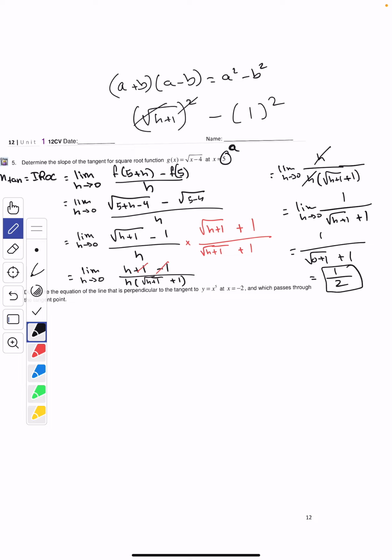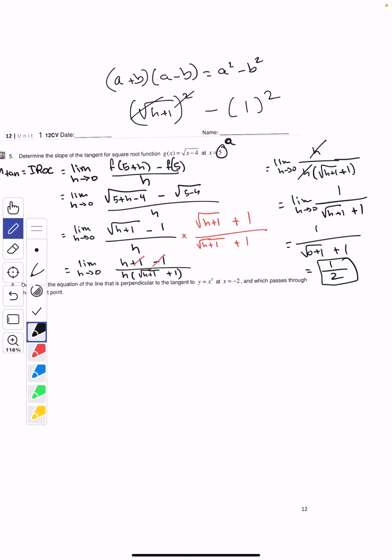So that tells me that the slope of the tangent line is a half at x equals 5. All right, so whenever you see a square root in the numerator, for example, or denominator, then you want to try to rationalize.